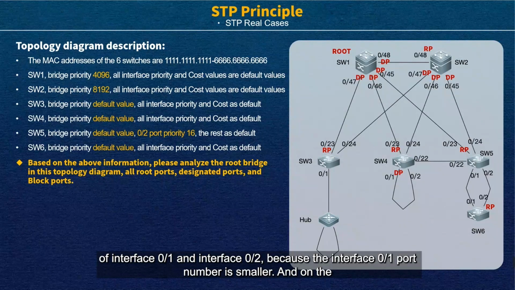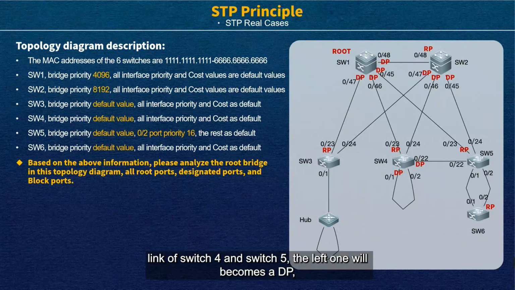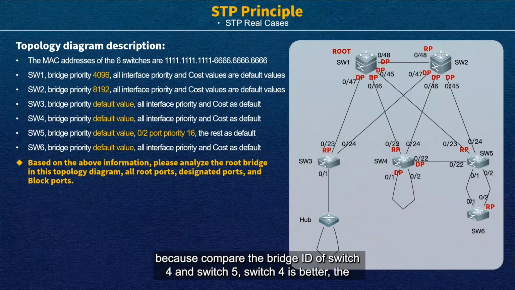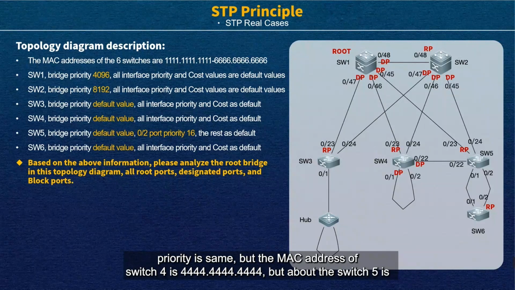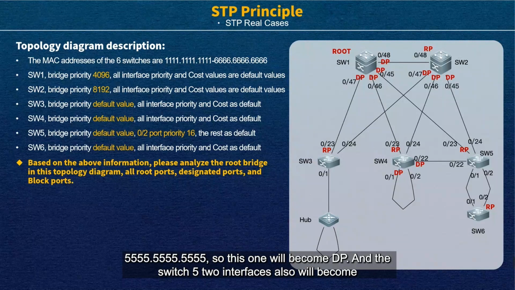And on the link of switch 4 and switch 5, the left one will become the DP because we compare the bridge ID of switch 4 and switch 5. Switch 4 is better. The priority is the same, but the MAC address of switch 4 is 444, while switch 5 is 555. So this one will become DP.